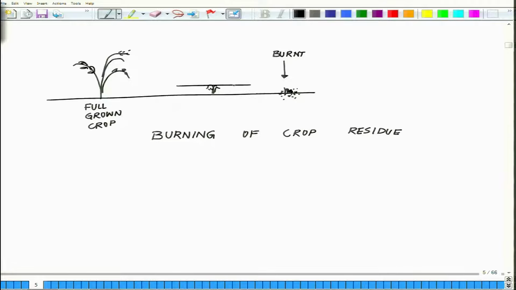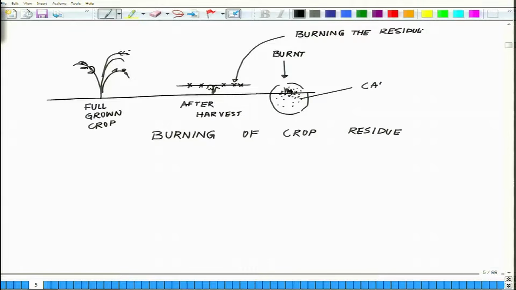These are after harvest. Now, burning the residue, and then what you are left behind is a mass of carbon.